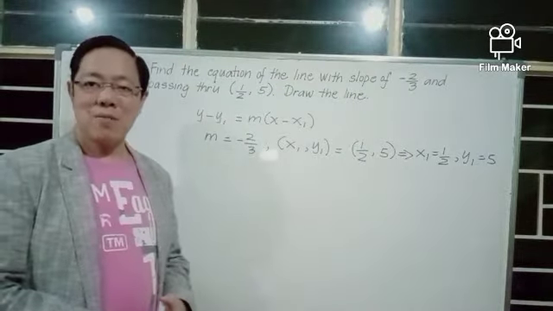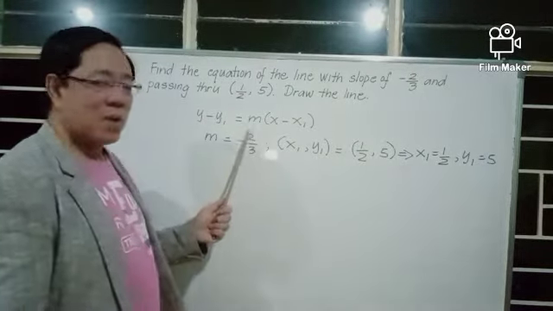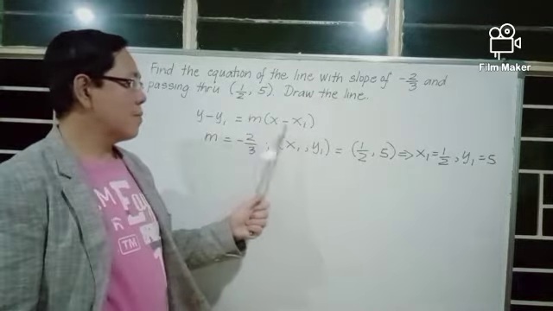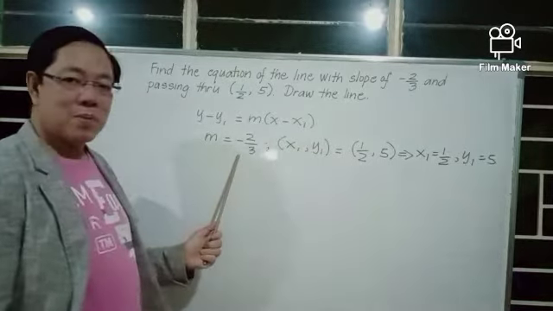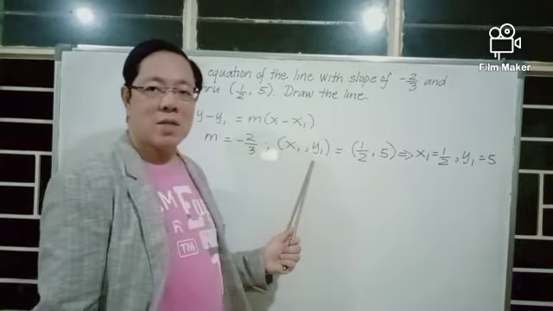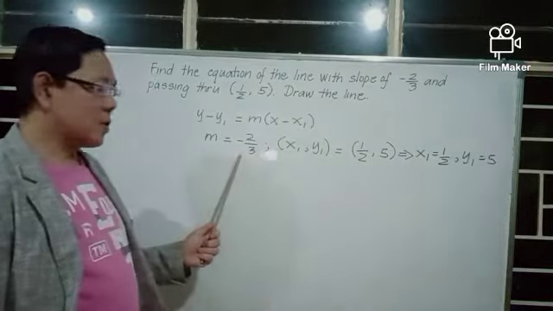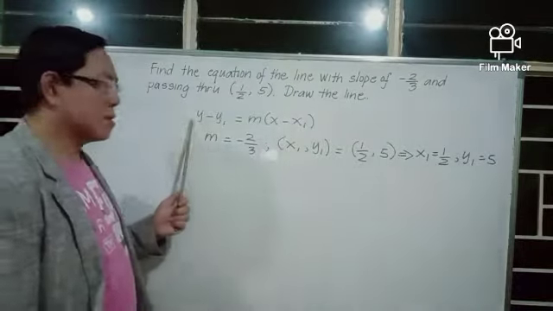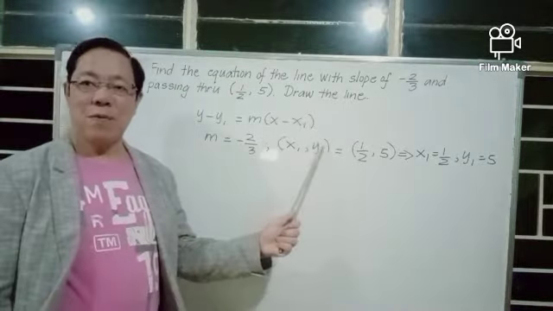We only need two pieces of information to find the equation of the line using this slope-point form: the slope of the line and one point on the line. Now we substitute m, x1, y1 in this slope-point form.